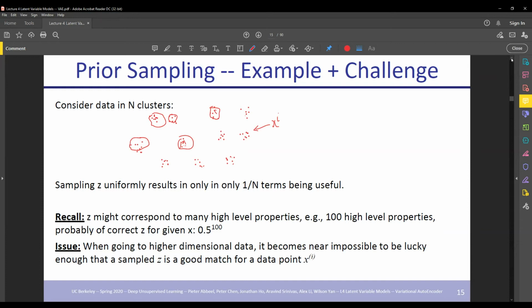And that is an issue which will limit us from learning what we are after, right? So the point is that we cannot count on prior sampling to land us on the right set of Z's, which will help us get the Xi's that we want. That is the flaw in the approach of prior sampling.